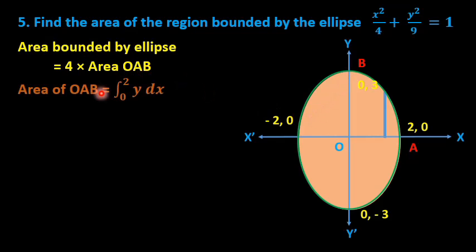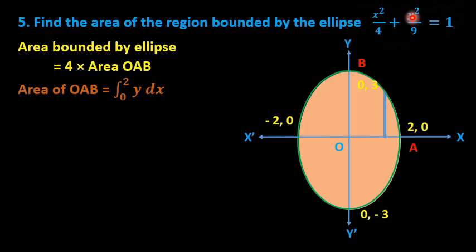The area of OAB equals, here I have taken the vertical stripe, so the integration lower limit will be 0 and upper limit will be 2, y dx. And this y expression we get from the equation of the curve.